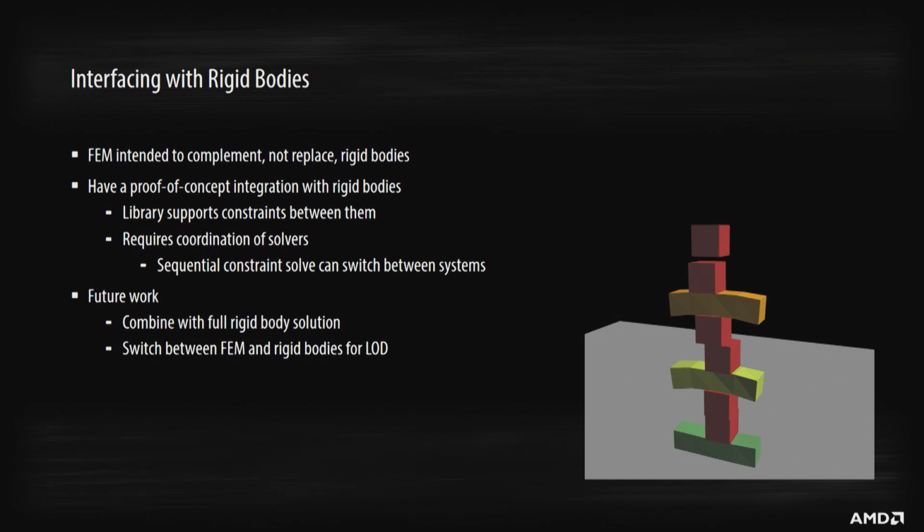And so given the way that works, you can actually have two different systems work on the same problem, but you have to fuse them together at some level, which is usually a deep level in the systems. So we've done that with an example rigid body system, but in the future, we'd like to look at integrating with a full rigid body solution.